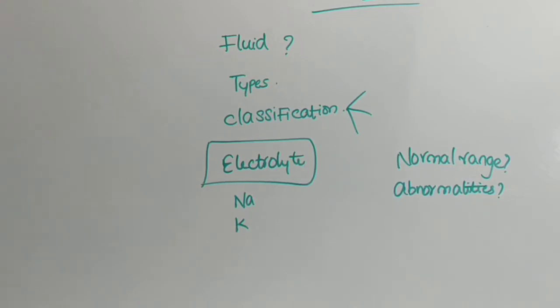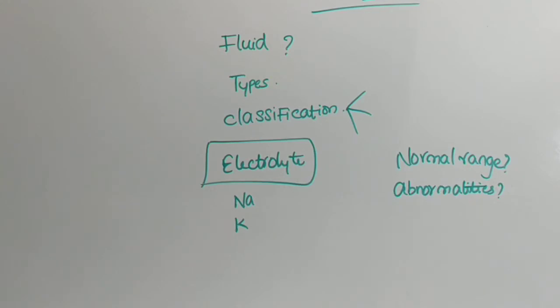Whenever water intake is equal to water loss, the body is in fluid balance. Whatever water the person takes in must be equal to the water loss, the output of water, then it is considered a fluid balance. Fluid balance will maintain homeostasis.